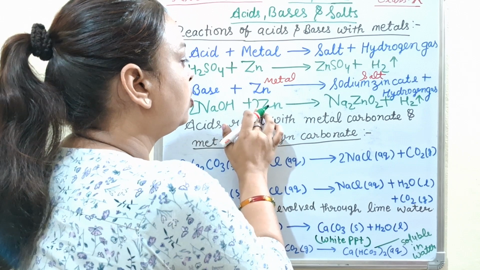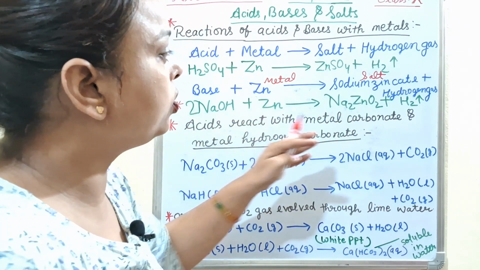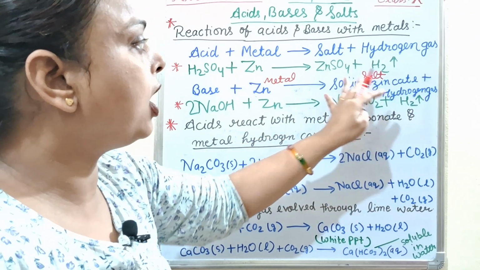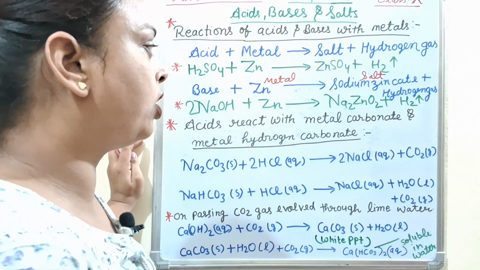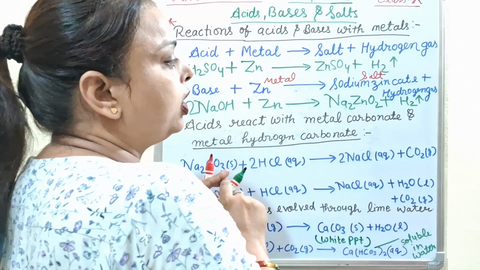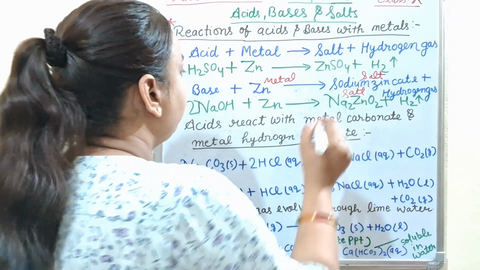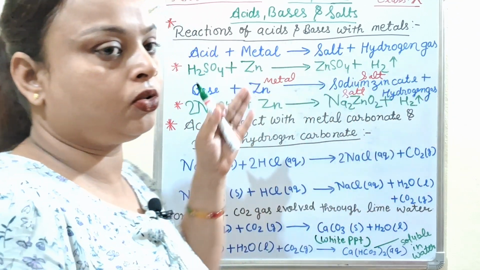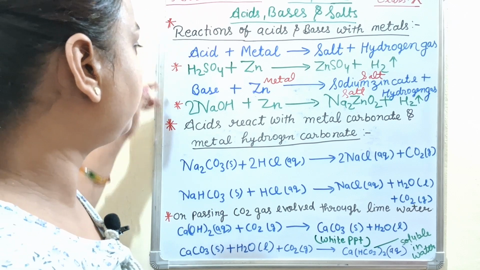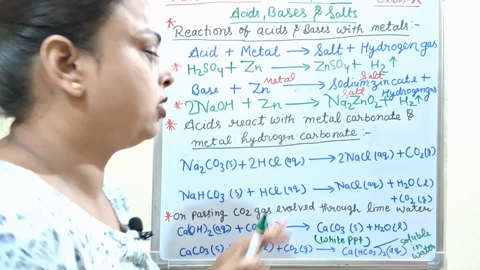No need to double the Zn, it is in one quantity. So Na2ZnO2 is the formula of sodium zincate. This is also a salt. So when base reacts with metal, then it forms salt plus hydrogen gas also. So these are the two types of reaction where acids and bases react with metals.